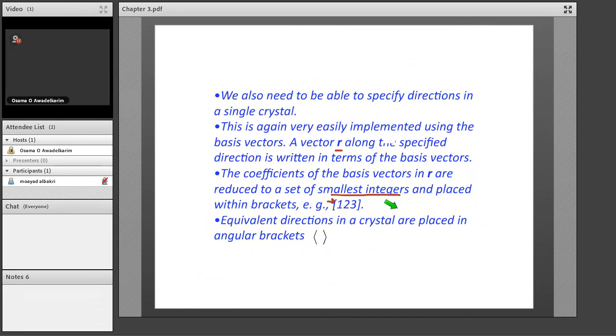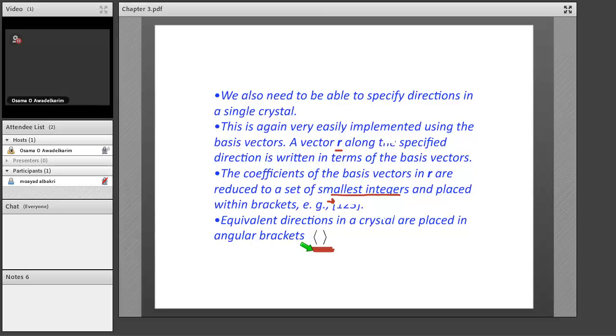So to recap all of this, as I said, all directions for all points are equivalent directions. We place a bracket like this one for equivalent directions. Equivalent directions are all directions which are indistinguishable when we look at the single crystal. A single crystal has regular periodicity.